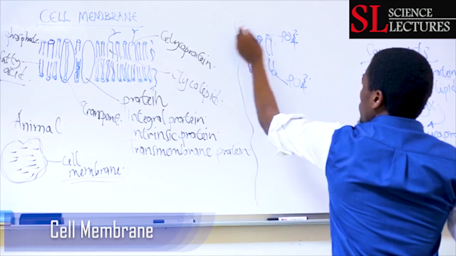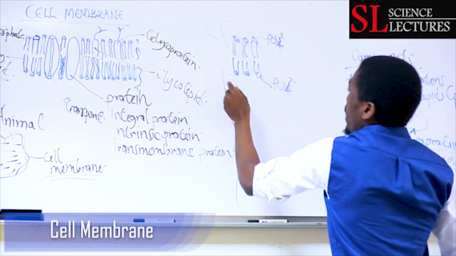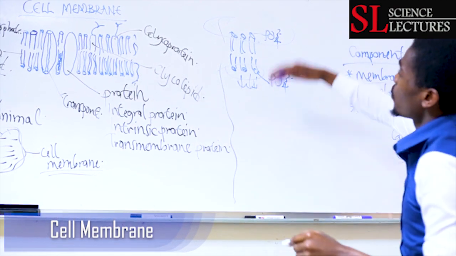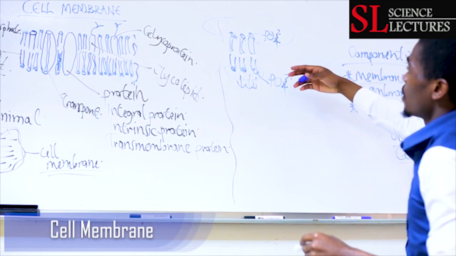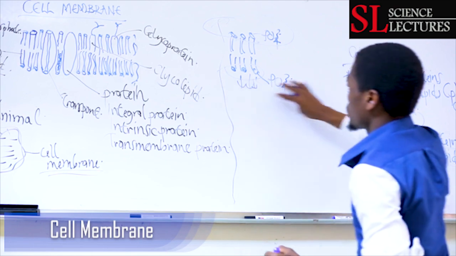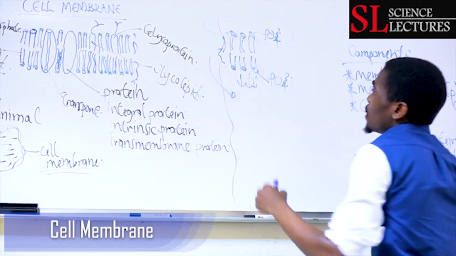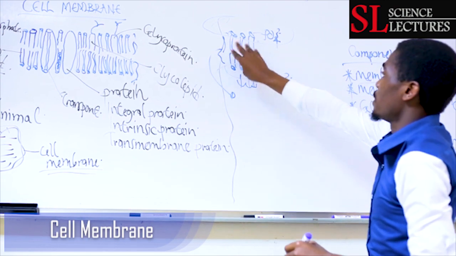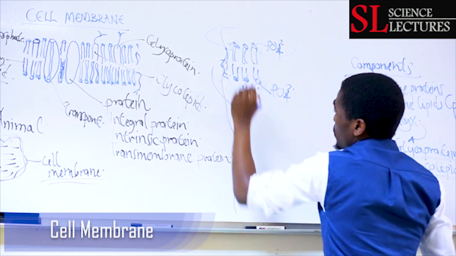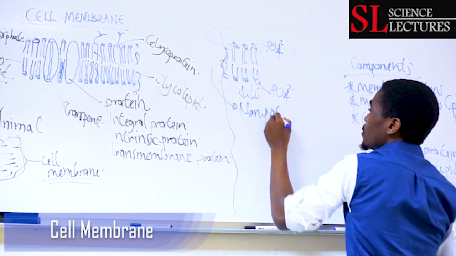The phosphate heads will always point towards the exterior of the cell and again towards the interior of the cell, because that is where the aqueous solution is found. The fatty acids hide inside, because they are non-polar.